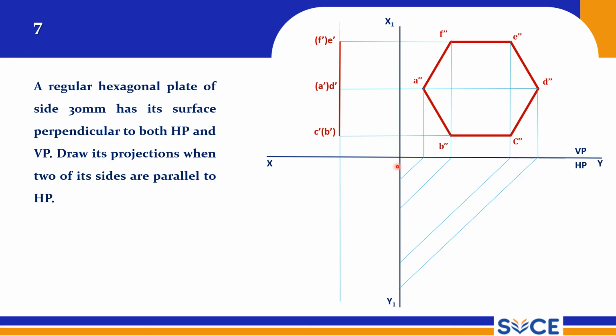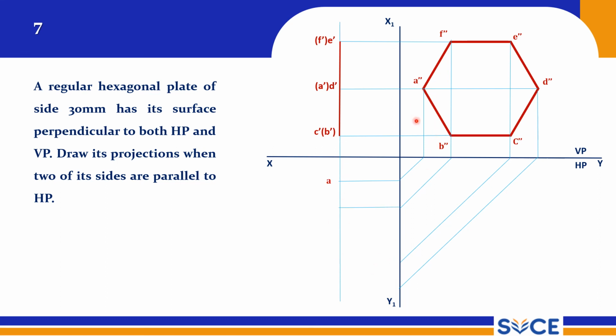Now all these lines are parallel, which means they are at 45 degrees to this xy reference line, or to this line also. It will be an isosceles triangle, so both sides will be equal. From each point on the xy reference line you project up to this thin line to get the corresponding points.